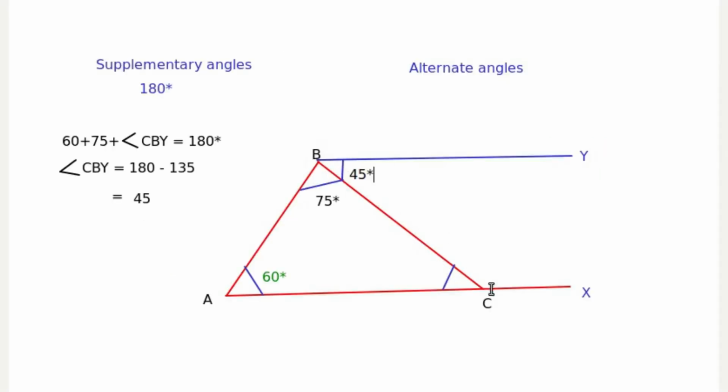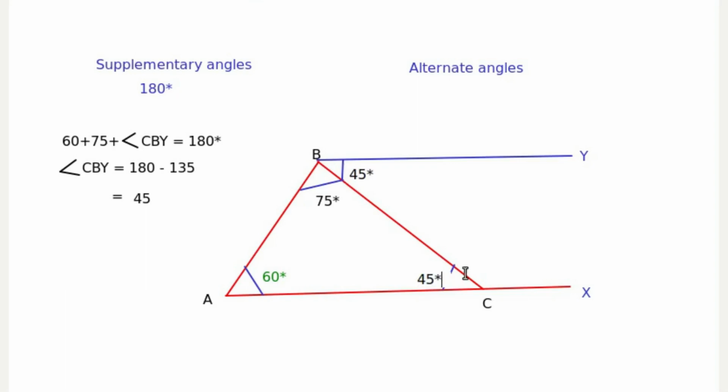When a transversal intersects two other parallel lines, angles formed on opposite relative positions are called alternate angles. So angle CBY is equal to angle ACB. So if this is 45 degrees, definitely here also 45 degrees.